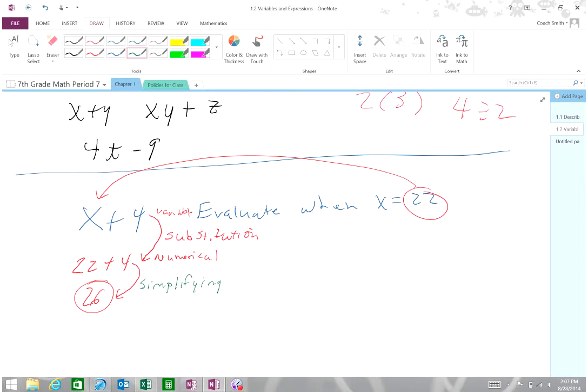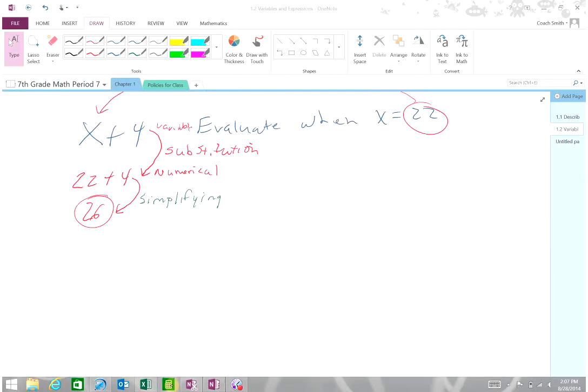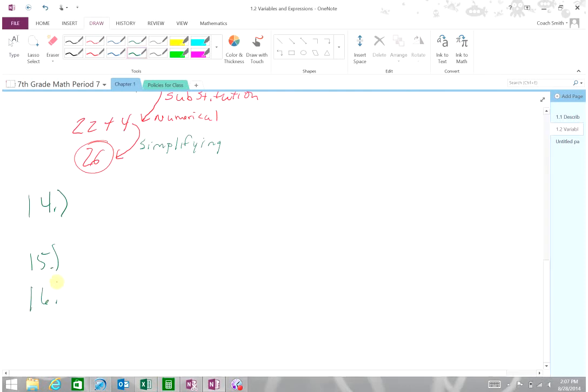I want you to turn in your books to page 11. On page 11, I want you to do problem number 14, problem number 15, and problem number 16. Do those in your notes. Do those on your own from the information I just gave you, what we talked about: variables, variable expressions, and evaluate.